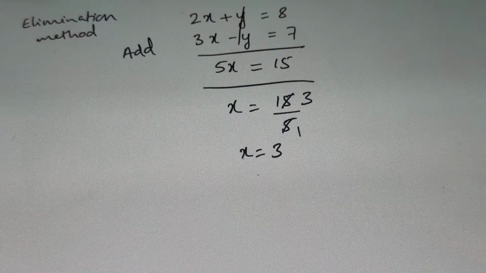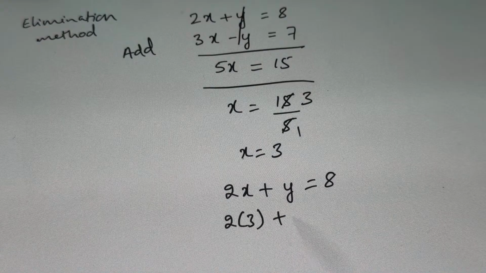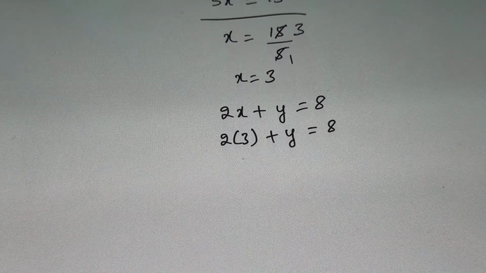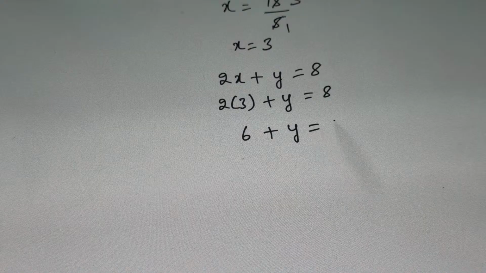Now what you have to do, you have to take any one of the equations and substitute the value. So we'll take 2x plus y equals 8, substitute the value of x as 3, 2 into 3 plus y is equal to 8. So multiplying, 2 threes are 6, plus y is equal to 8.